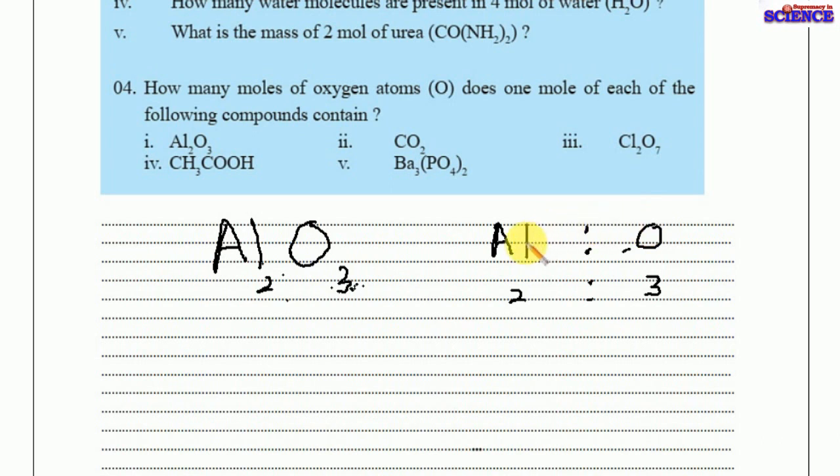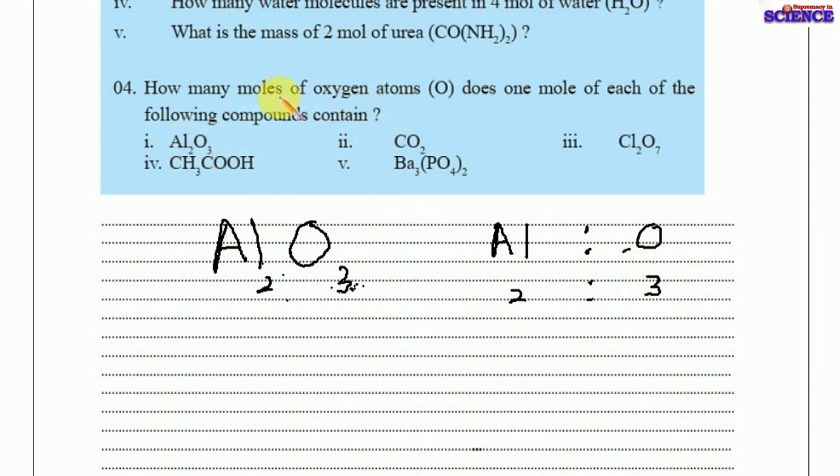So if we get 1 mole of molecules, there are 2 moles of aluminium atoms and 3 moles of oxygen atoms in 1 mole of aluminium oxide. Then they are asking something like that, so you have to find the ratio here. So for the first one, the answer will be 3 moles, because they are asking for the number of moles of oxygen. From the ratio you can get the number.